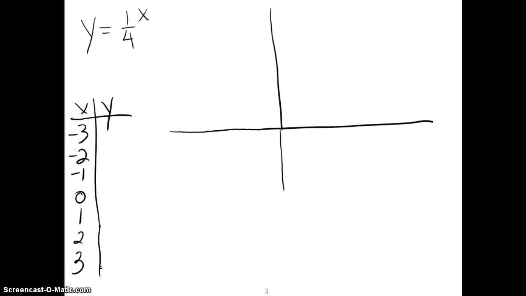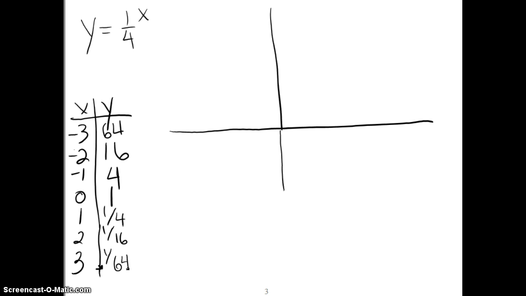I can just plug in 1/4 to the -3, which would give me 64. 1/4 to the -2, which would give me 16. 1/4 to -1, which would give me 4. 1/4 to 0 always gives me 1. 1/4 to the 1 is 1/4. 1/4 to the 2 is 1/16. And 1/4 to the 3, guys, what's 4 times 4 times 4? We get 64. So 1/64.